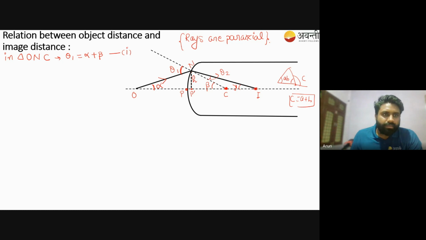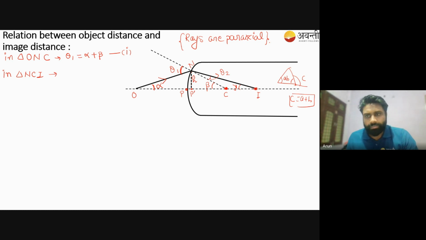Okay. The next triangle that we are going to consider is NCI. Take a careful look at it. In triangle NCI, what do we have?